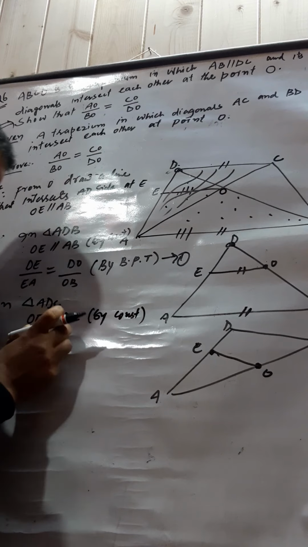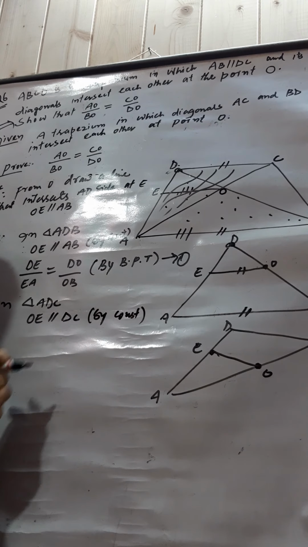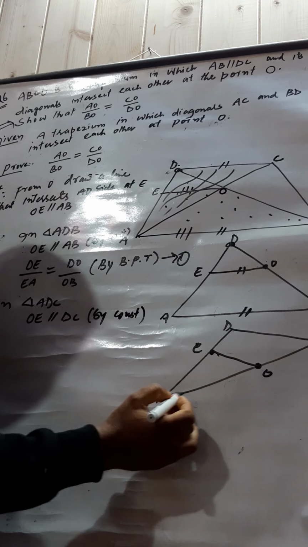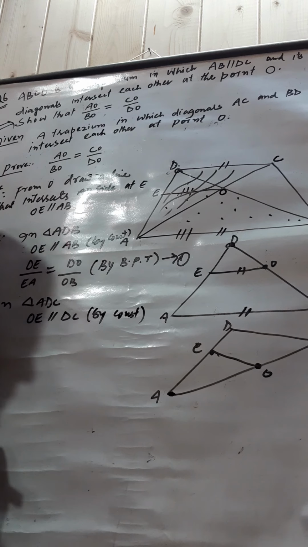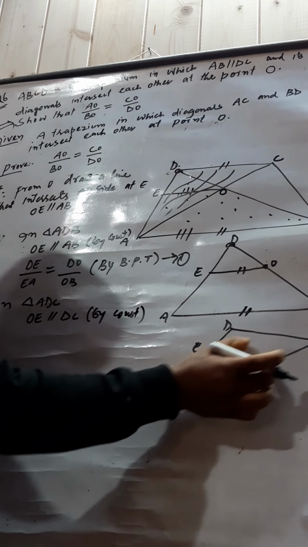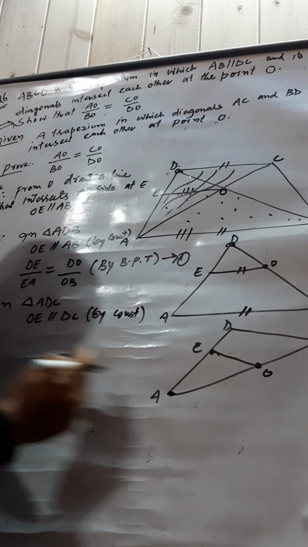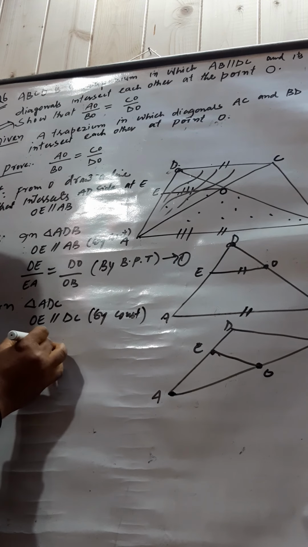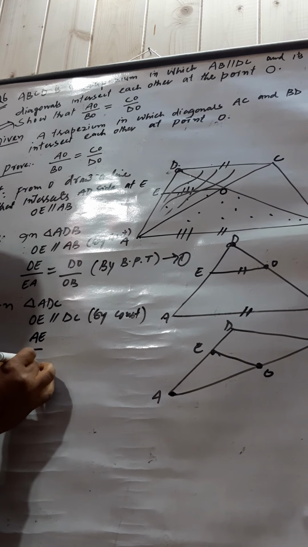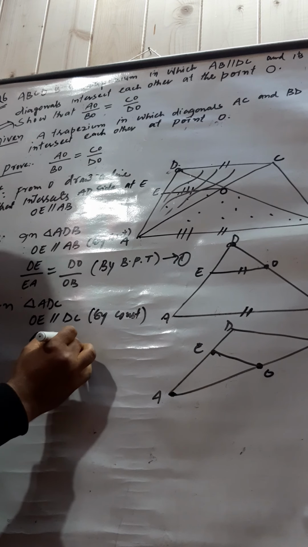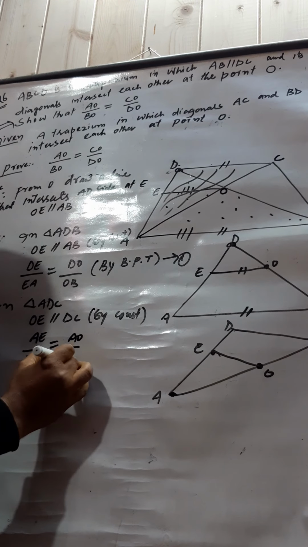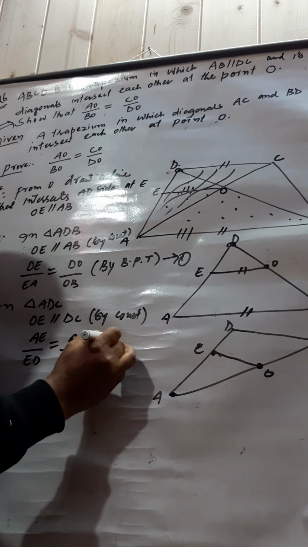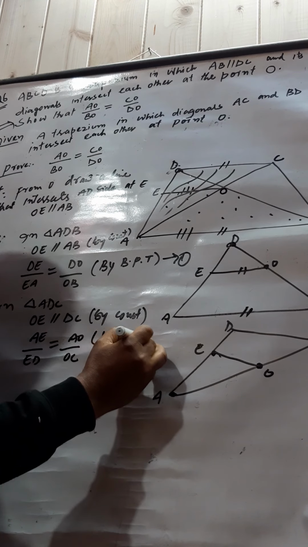Once such a situation happens in a triangle, the sides are divided in the same ratio, but here the common vertex of both line segments AD and AC is A. So we write AE/ED = AO/OC by BPT, by Thales theorem.